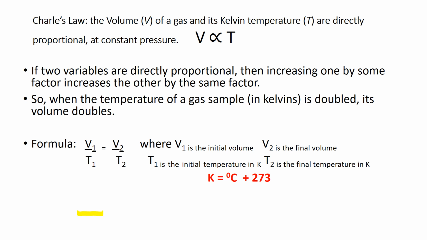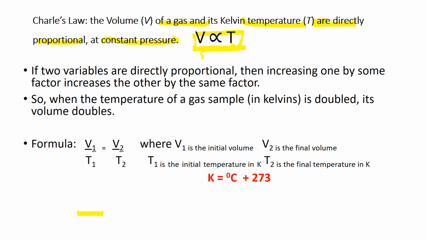Charles' law: the volume of a gas and its Kelvin temperature are directly proportional at constant pressure. So this equation shows that the volume is directly proportional with the temperature.